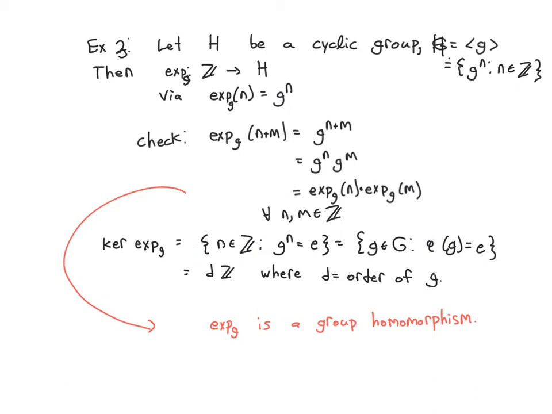Now we remember properties of cyclic groups. If you let D be the order of G, then there's this theorem that G to the n is equal to E if and only if D divides n. It's in the book, of course, they use K here, and n is the order of G, but I'm changing variable names, but that doesn't change the truth of the theorem.